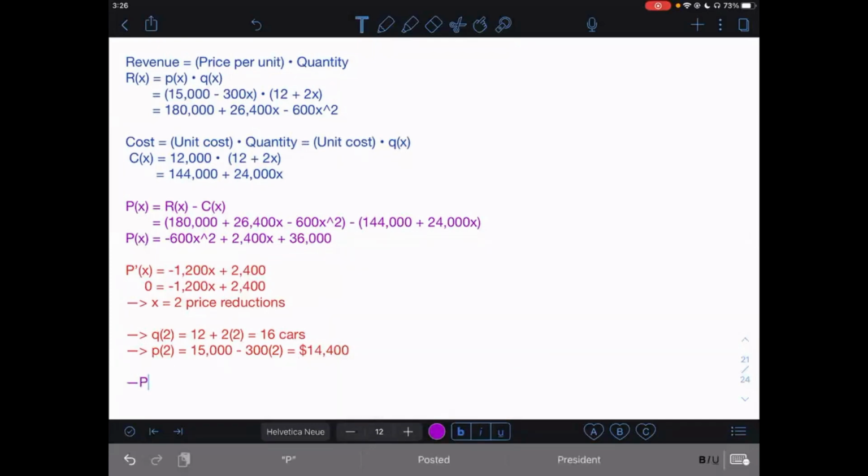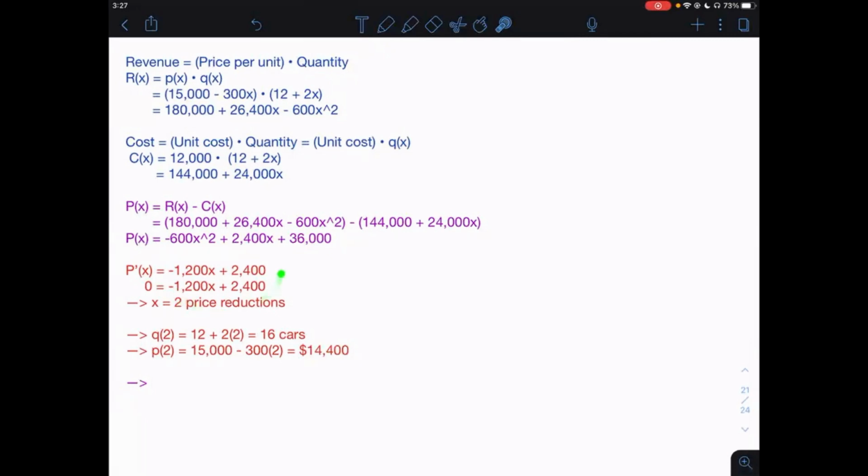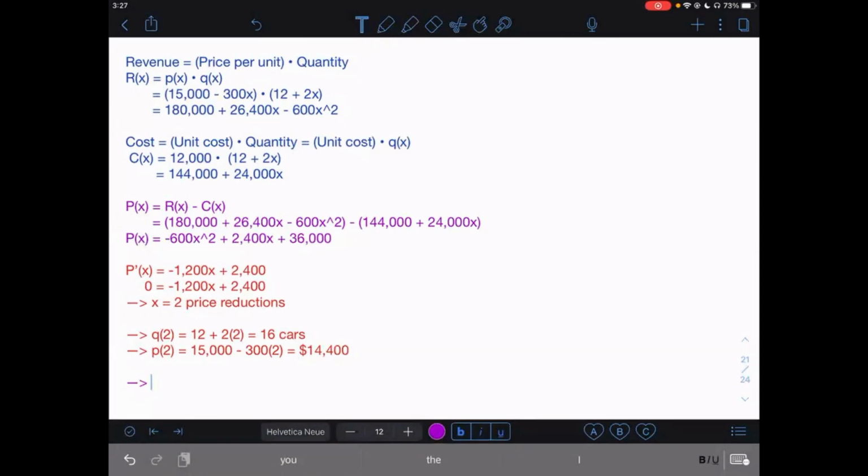What will be our maximum profit? How do we find our maximum profit here? By plugging 2, this critical value that we found, into our profit function. All right, so if we plug 2 into the profit function, P of 2, negative 600 times 2 squared plus 2,400 times 2 plus 36,000 gives us a maximum profit here of $38,400 per day.